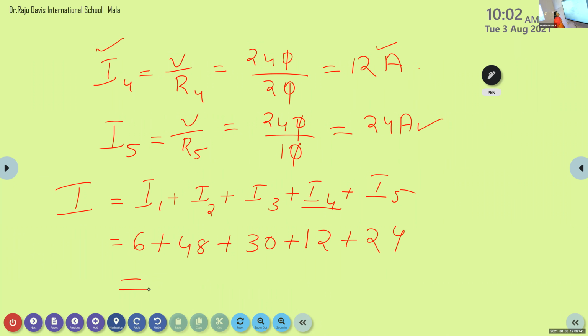What is the total current that is passing through this electric circuit? 120 ampere. What about others? Please switch on your videos. Is it 120 ampere? Okay. So the total current flowing through the circuit is 120 ampere. Is it clear?